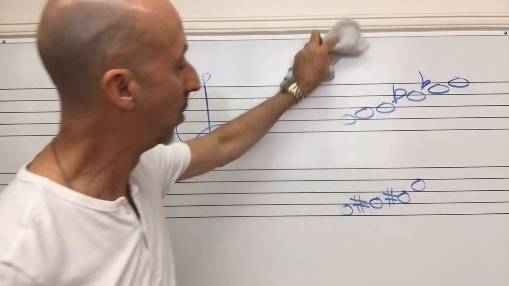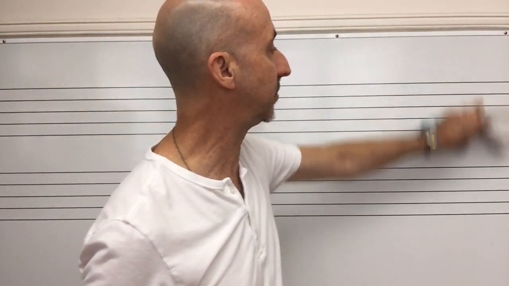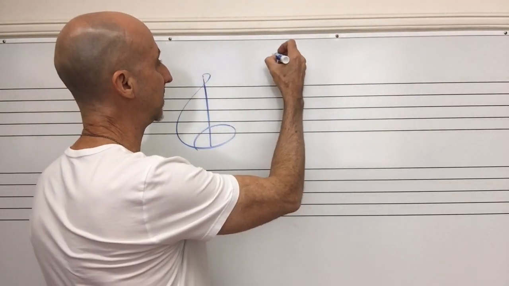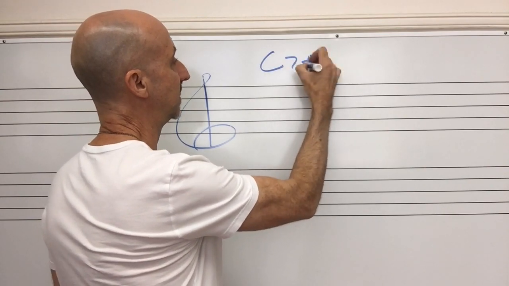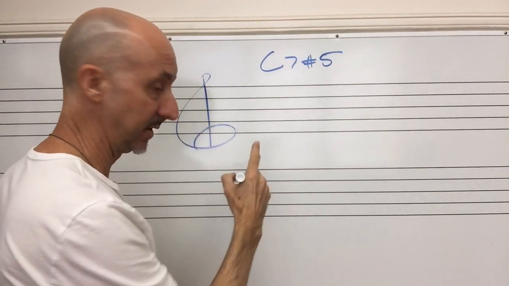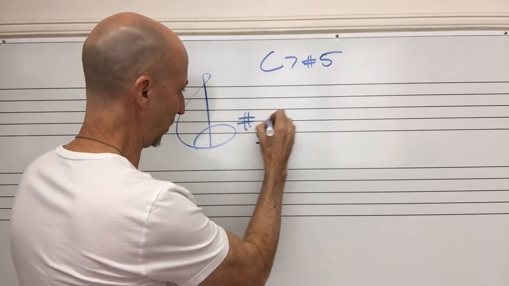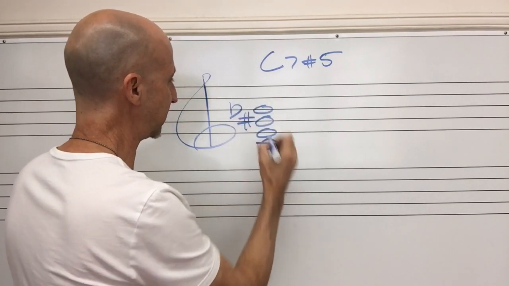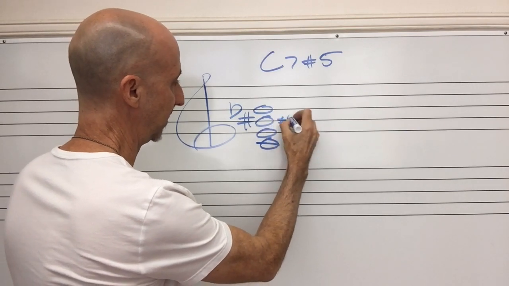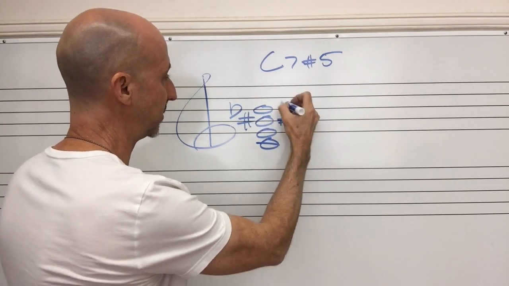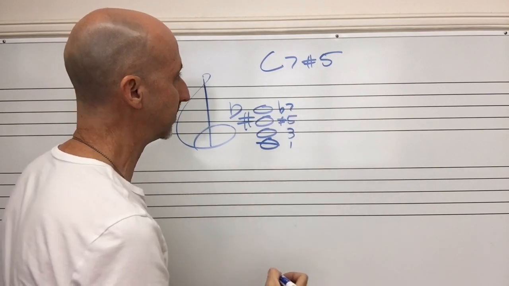So now, why do we even want to learn the whole tone scale? Well, there's this chord. For example, let's say C7 sharp 5. And we build that chord as a C, E, G sharp, B flat is the 7th. Here's the sharp 5. Here's the major third. Here's the root. And here's the flat 7.